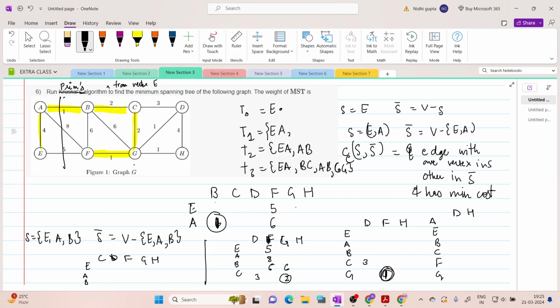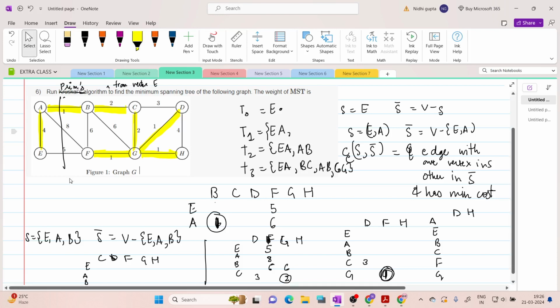GH is also minimum and GD is also minimum, so we can take any of these. So are we done? No, H is also needed. It is still not a spanning tree because one vertex is not covered. So what is the next edge then? GH.